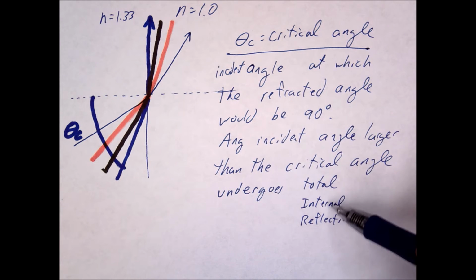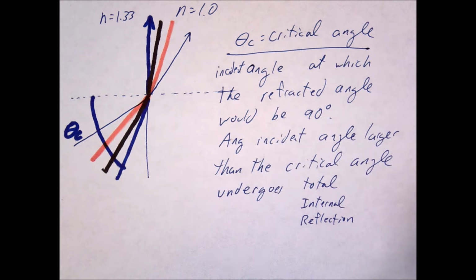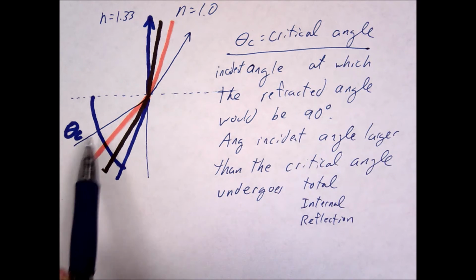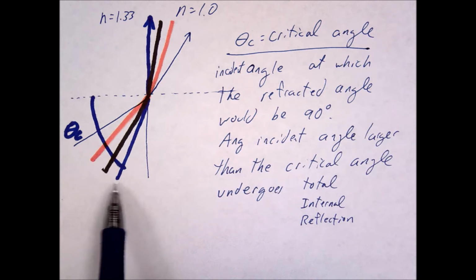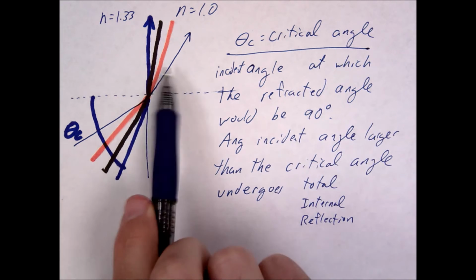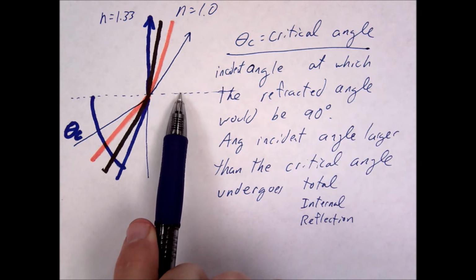So what's going to happen to it basically? Instead of refracting, what will happen? It reflects. Good. So all these beams, the blue, the orange, the black, the dark blue, are going to refract at all these angles. You calculate it using Snell's law.